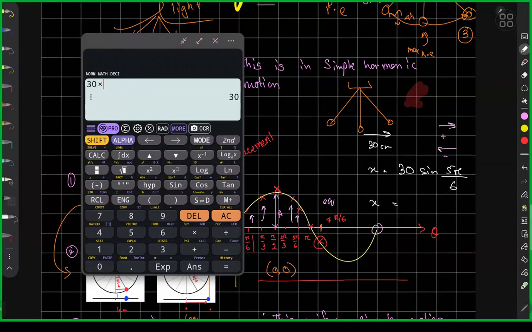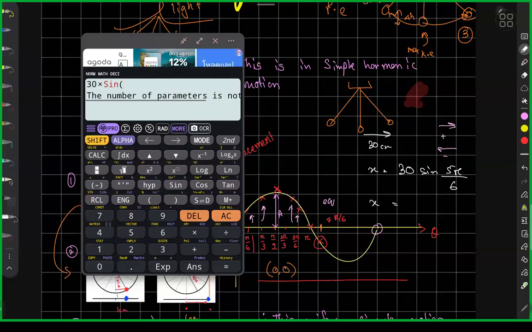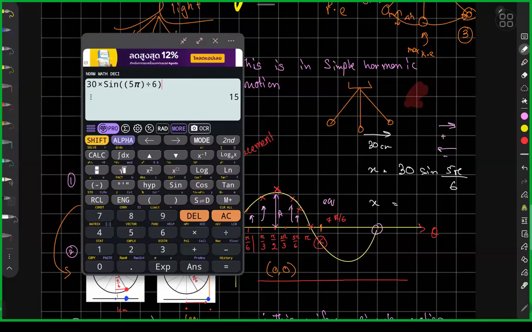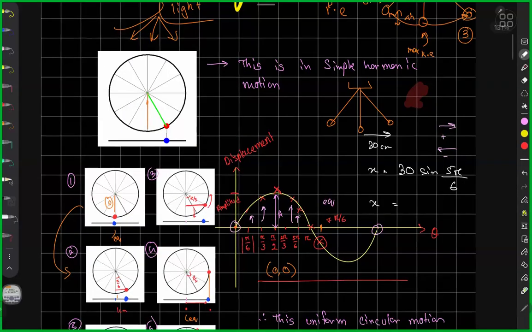Thirty times sine 5 pi by 6. What value does this give you? 15. Okay. So half the value. Typically, sine 5 pi by 6 is 0.5.